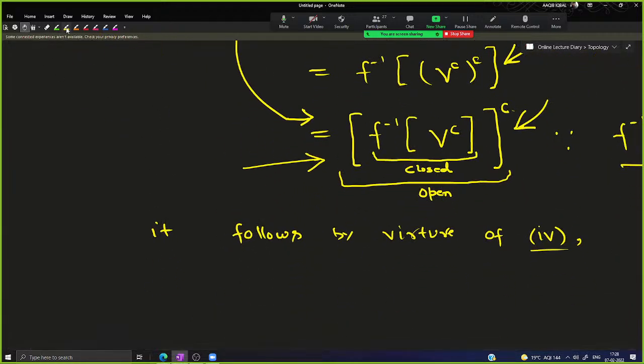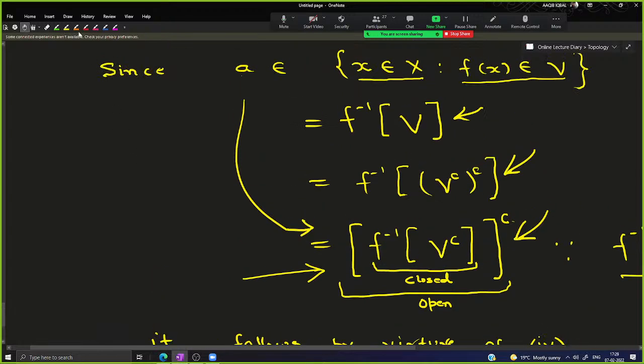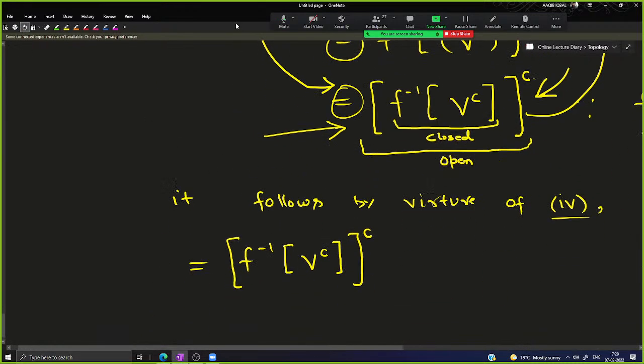I am going to write exactly that. It follows f inverse of v complement whole complement, which is basically, you can see it is clear from here, since this is equality, equality, equality, this set is the same as this set also, so this is basically f inverse of v.